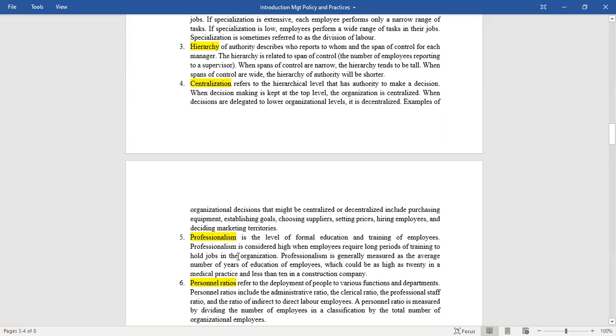Professionalism is generally measured as the average number of years of education of the employee. So it's education as well as actually it's also skill. If there is a professional workforce, highly professional workforce, it does not need to be controlled that much. It is self-controlled.